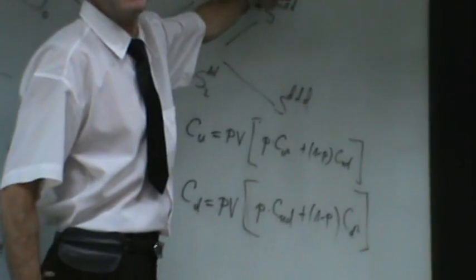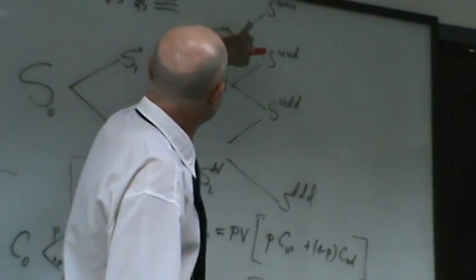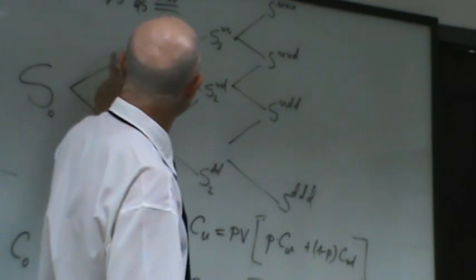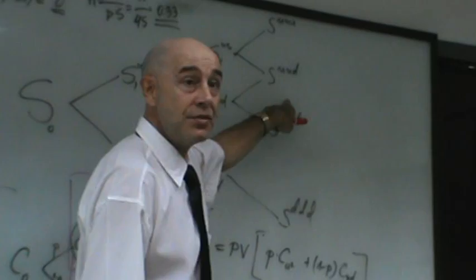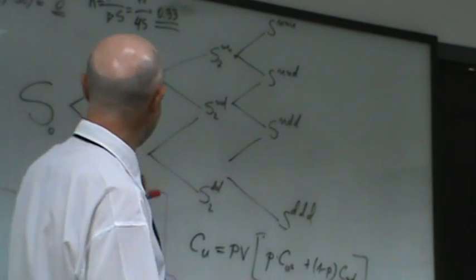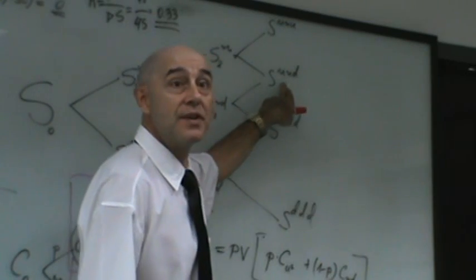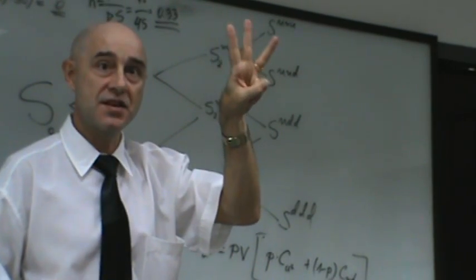Well, how many chances to go up in the middle? You got one step here, one step here. So up, up, down; up, down, up; and down, up, up. So you got 3 different paths.